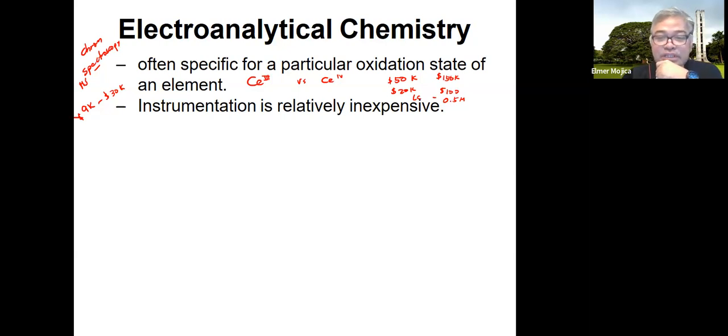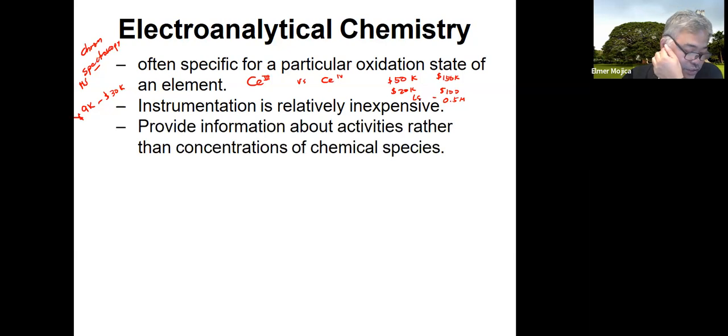And another good thing about this one is, in contrast to many other methods that look at concentration, these provide information about activities rather than the concentrations of the chemical species. And these activities are usually of more physiological importance.